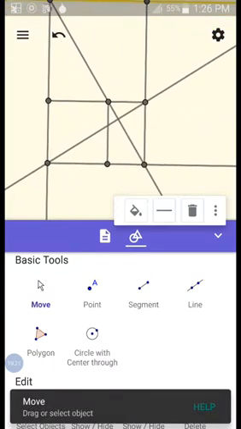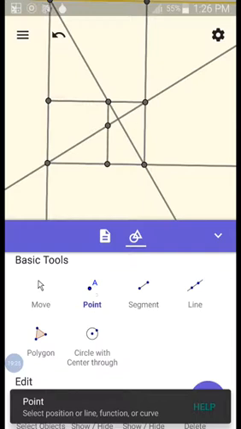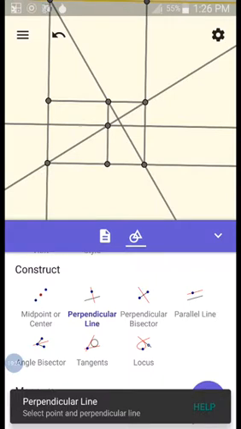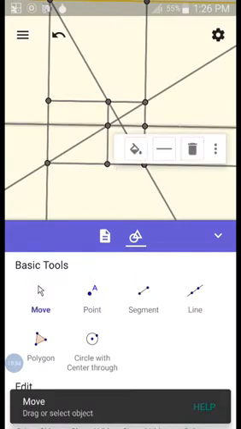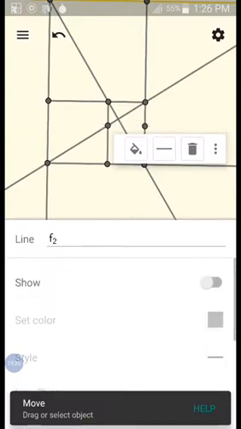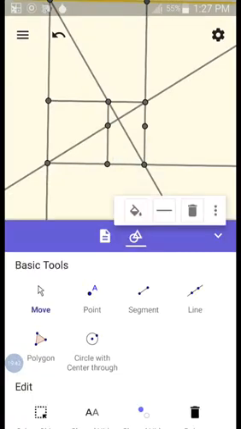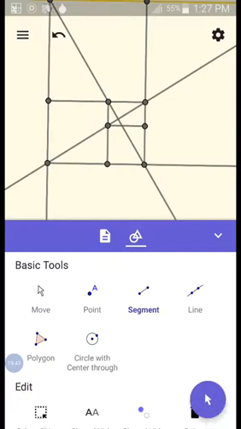Maybe one more time. Point, perpendicular line, point, hide the line, segment. Looks like a square and an extra little bit. And in fact, you can keep going indefinitely.